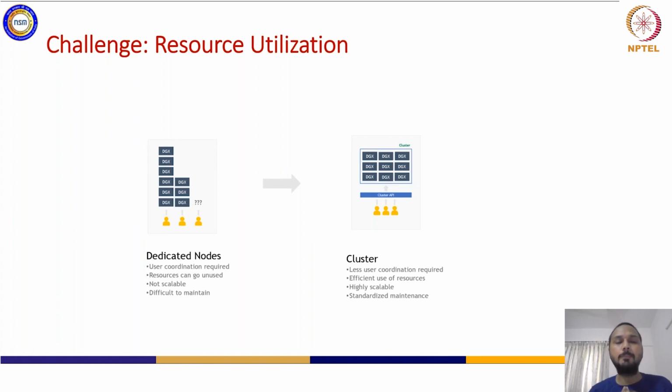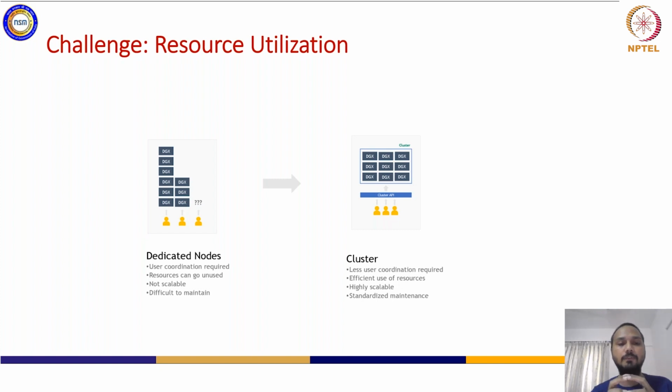The fundamental problem that we are trying to solve here is the resource utilization problem. If you had your own dedicated node, which means I have my own machine and I can just do things on my machine, and I don't care about the other folks, they can get their own machines. But this scenario is very rare.